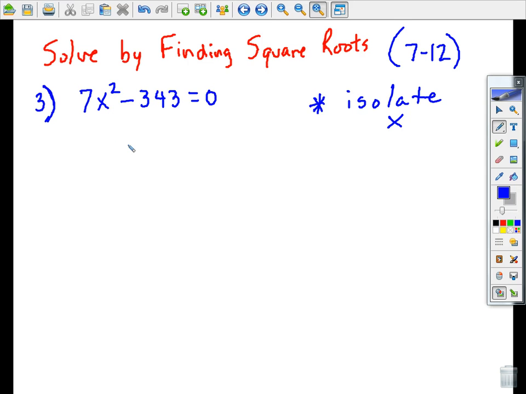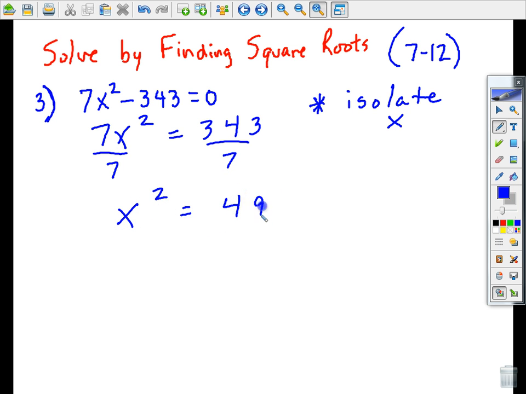So which of those would we undo first? Subtraction. Okay, so my first move is to add 343 to both sides. Now I'm left with multiplication and the exponent. If we're following reverse PEMDAS, which would I undo first? Okay, and we undo multiplying by 7 with division by 7.